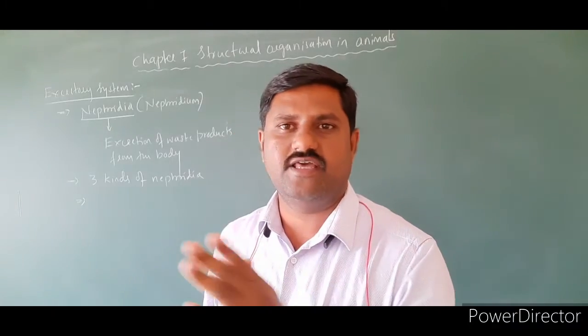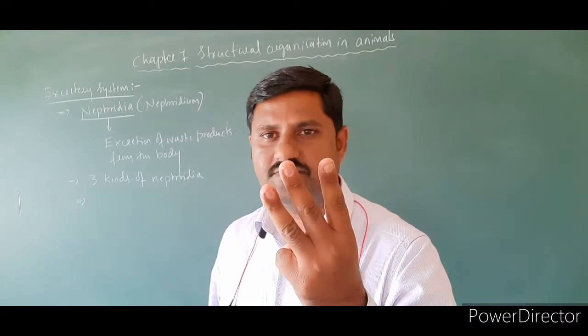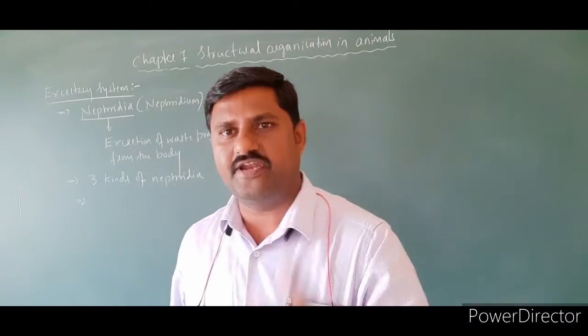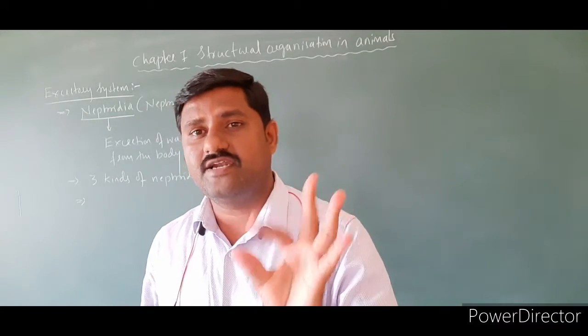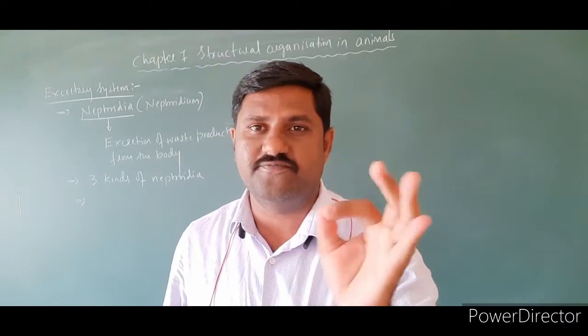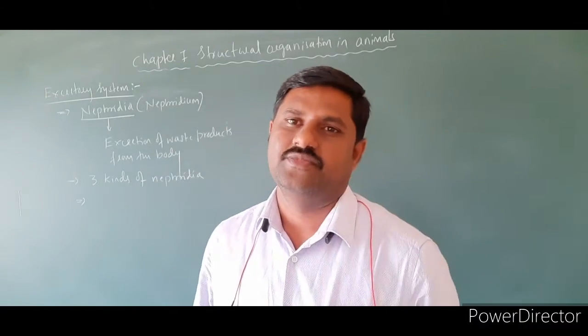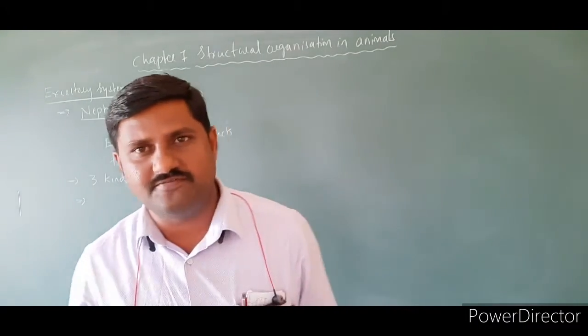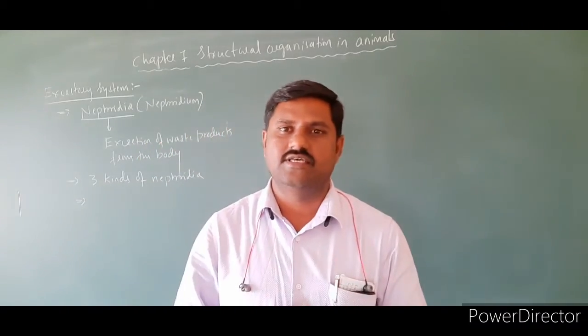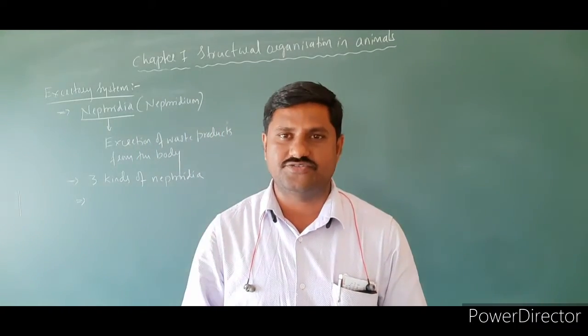On that basis they have been classified into three types: one is septal nephridia, the second is integumentary nephridia, and the third is pharyngeal nephridia. So there are three types of nephridia that we come across which help in excretion.